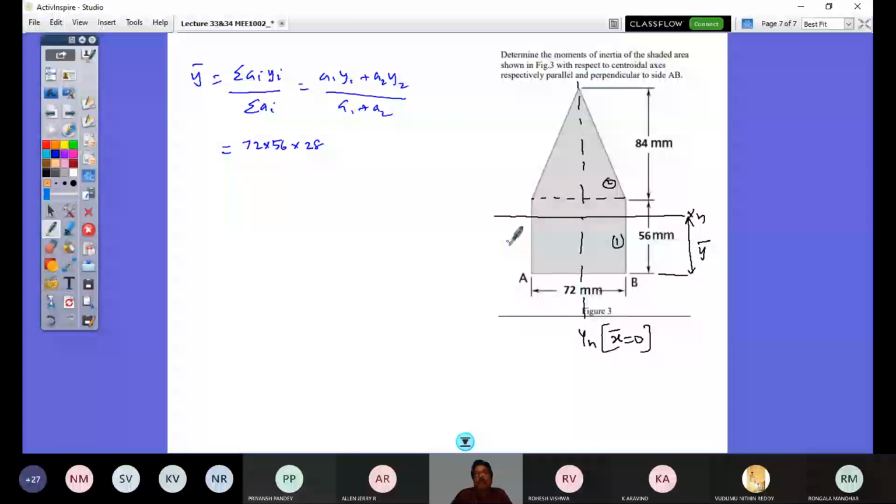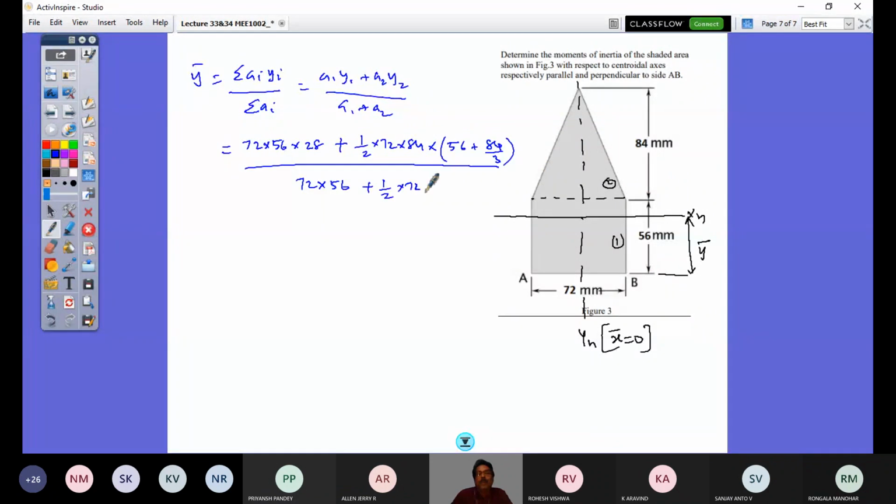Plus a2, half into b 72 into height 84, into y2. y2 is 56 plus 1/3 of this height, 84 by 3. All divided by the total area, that is 72 into 56 plus half into 72 into 84. This solves for the value of 52 mm. So y bar is 52 mm.